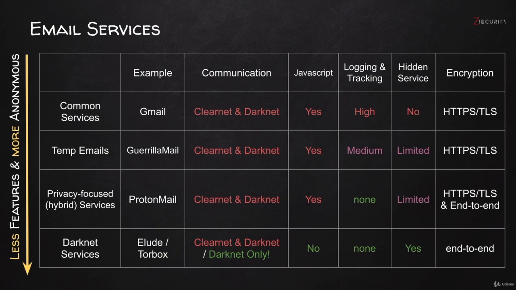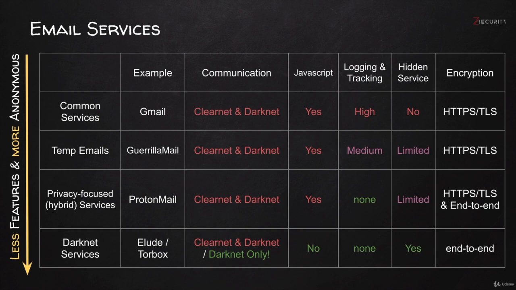So the first type of providers we had a look at were the common services such as Gmail, Hotmail, Yahoo Mail, and all of that. These email providers can send emails to the clearnet and to the darknet, as we saw. They all use JavaScript, so they are less secure. We know that they heavily track you and log everything you do, so they are not private.